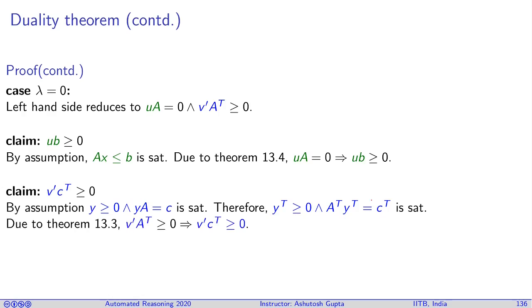Now we apply theorem 13.3, and from that theorem we say that if this is sat, then this implication must always be true. Since v'A is greater than or equal to 0, I can conclude v' c^T is greater than or equal to 0. Therefore their sum should be greater than or equal to 0. So therefore my min and max become equal.